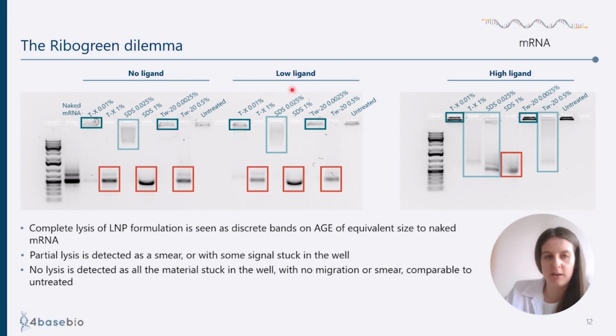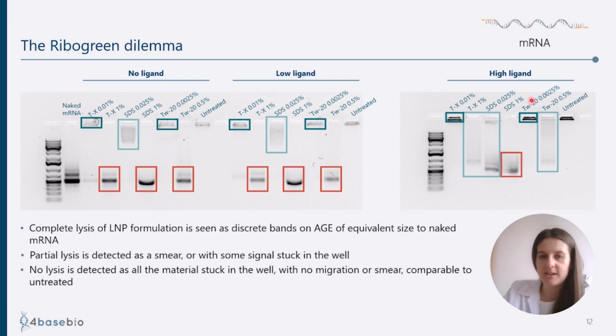At low ligand, we also get full release. At high ligand, you can see here that that Triton X is not fully releasing the payload, nor is a high percentage of Tween 20. Now we do find that 1% SDS is fully able to release that payload, although it's not the best gel. However, 1% SDS interferes with the RiboGreen assay, so we can't use that.